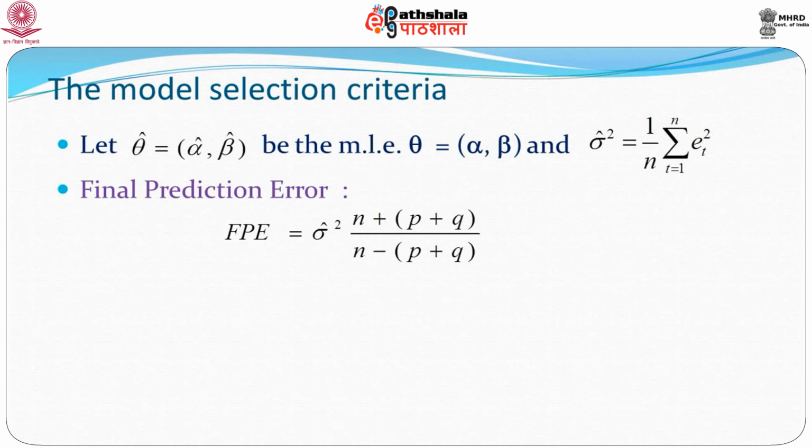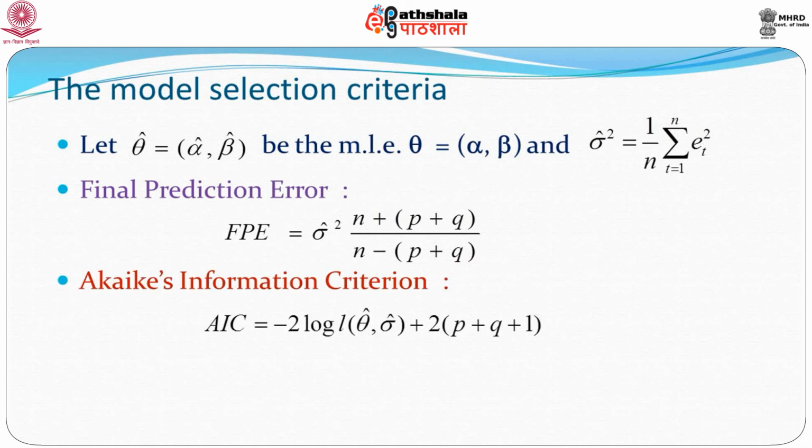An alternative to it, or a more refined version, is the Akaike's information criteria. Again, this is composed of two parts. The first part is based on the likelihood, and you are maximizing the likelihood. Therefore, minus 2 log of that would be minimized as you get a better fit. But the second term again depends on p plus q, and it would be increasing.